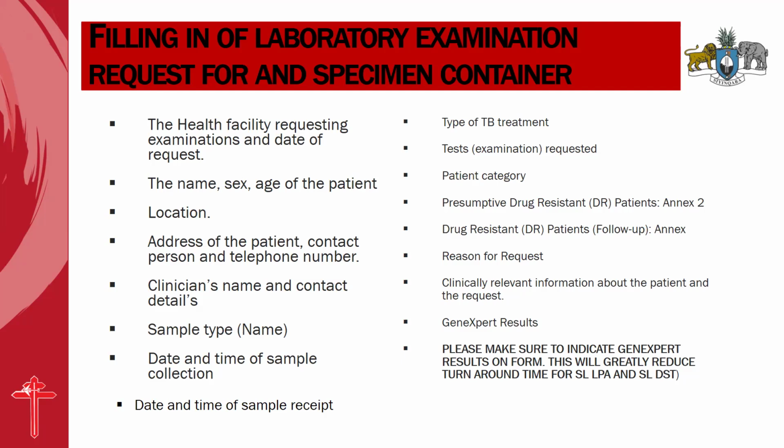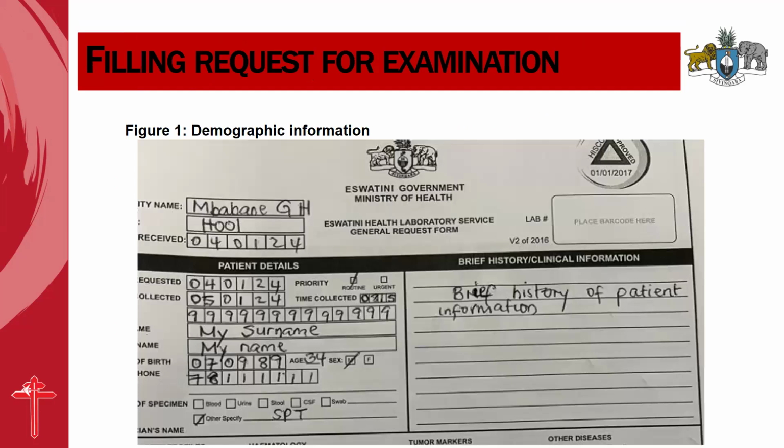The reason for request can be important because sometimes the GeneXpert can say MTB not detected, but you have the X-ray and other clinical symptoms showing that the patient needs the culture. If you include the reasons for request, it will make life easier for the NTRL to continue smoothly with the testing.